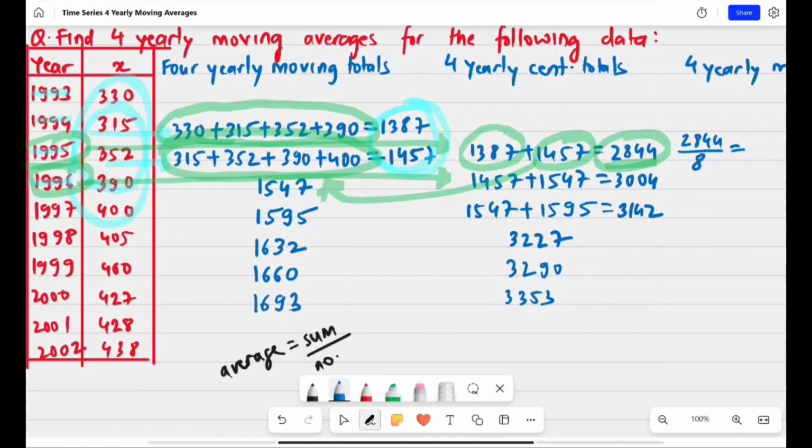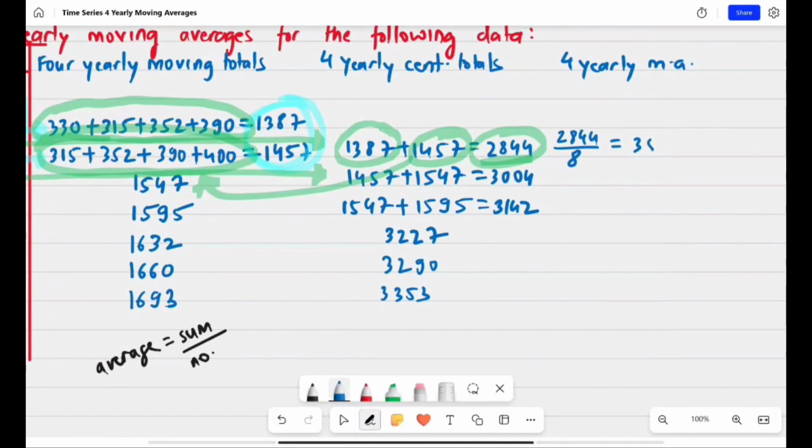Now putting this on the calci, we get the result. Similarly, the next moving average is going to be 3004 divided by 8, which is 375.5.